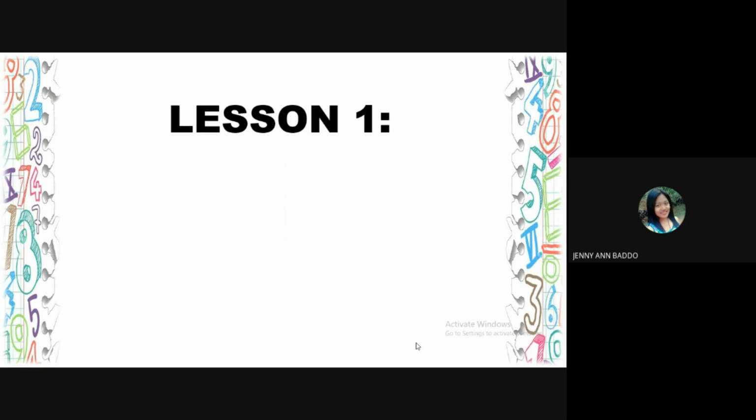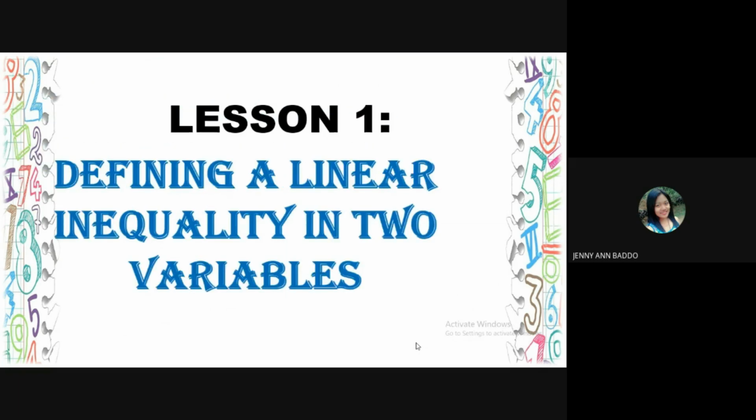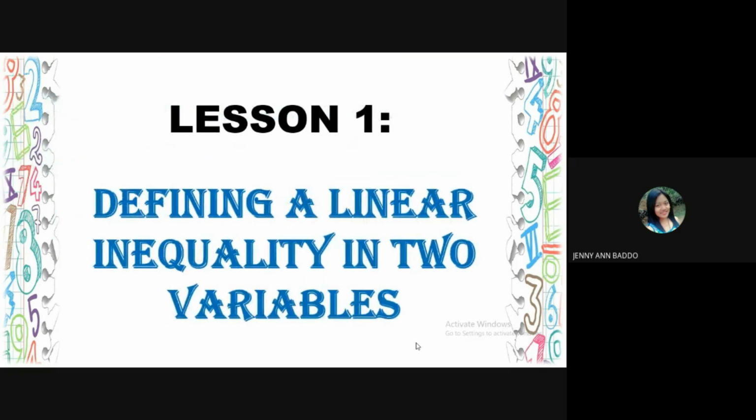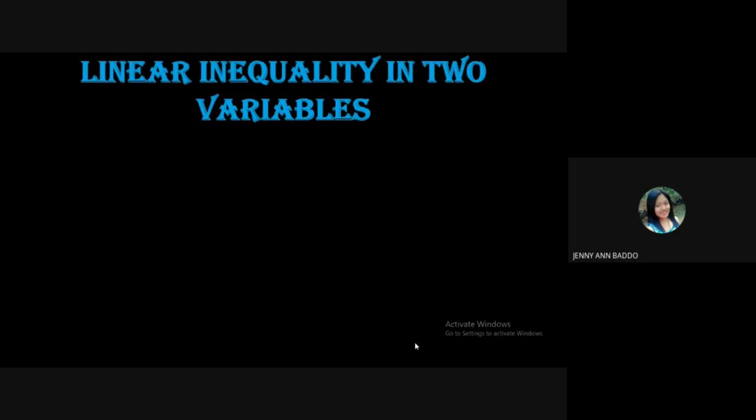Let us have our first lesson. Defining a linear inequality in two variables. When do we say that a given mathematical expression is a linear inequality in two variables?